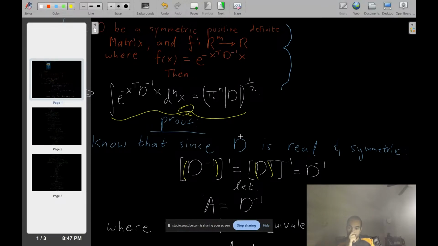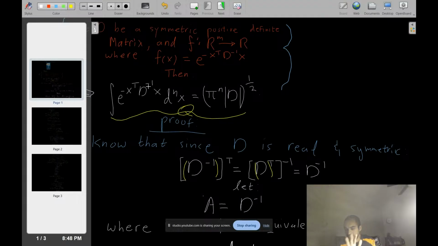I could call it anything. Well, it's just a matter of notation. We are trying to prove that the integral of e to the negative x transpose A x dx, that's what we're trying to prove.